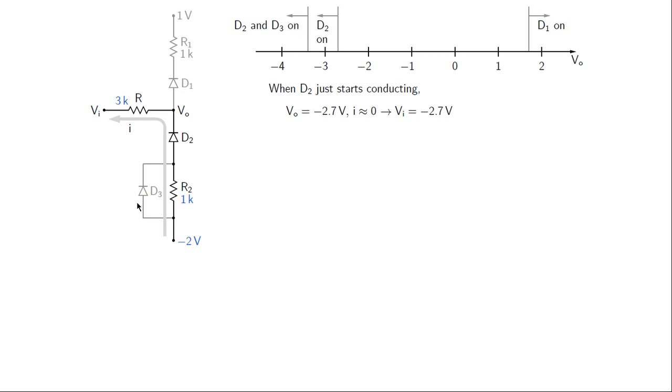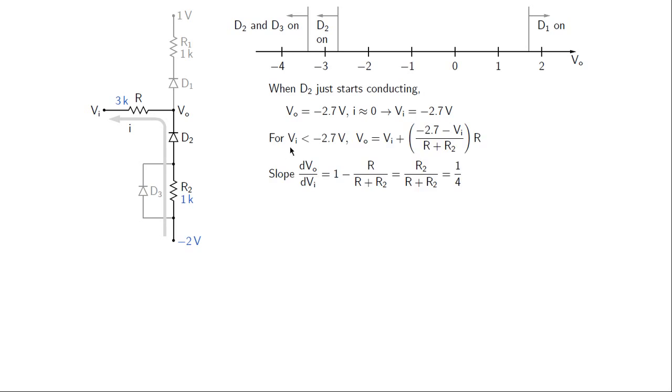Now we have seen earlier that D2 just begins to conduct at VO equal to minus 2.7 volts. And what is the situation at this point? The current is just beginning to build up. So let us say it is still very small. So this voltage drop is small. This voltage drop is also small. And therefore VI would be equal to VO. So VI is also minus 2.7 volts.